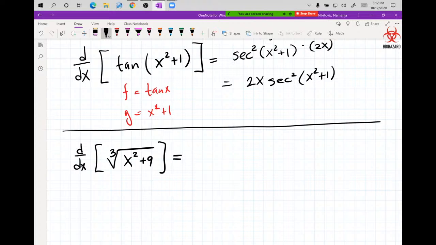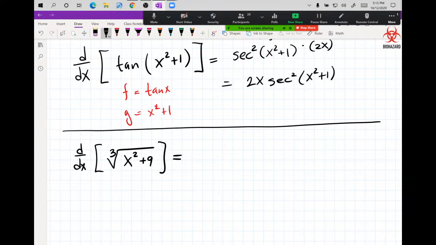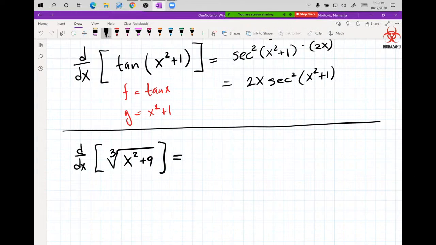Is anyone going to offer the solution? I got 2x over 3x plus 9. Wait, you should have the fractional exponent because you are taking away 1 from 1/3.